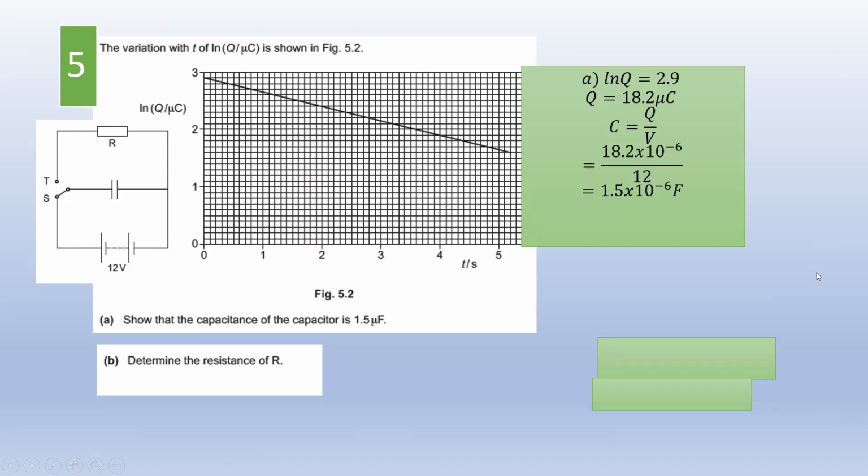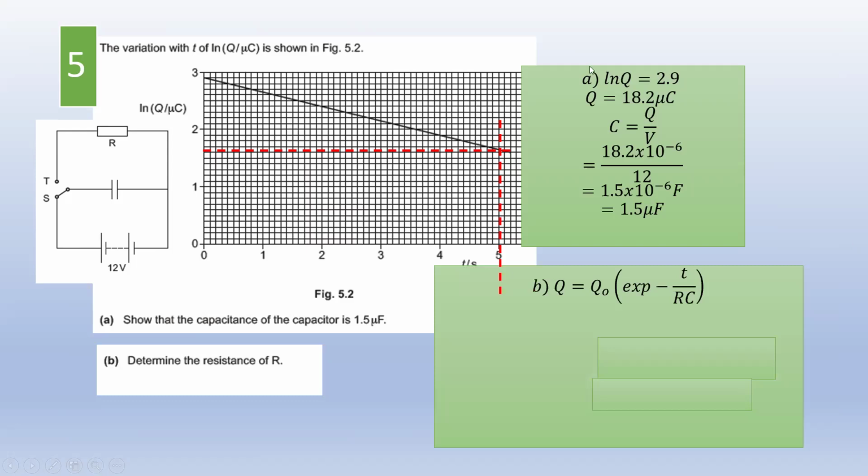Determine the resistance R. Since this is an exponential equation, you have to work in terms of charge, so use your formula and take the ln of the left hand side and right hand side to get this equation. And this is a gradient. 1 over RC is the gradient.